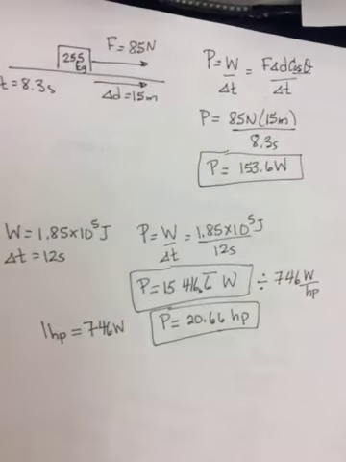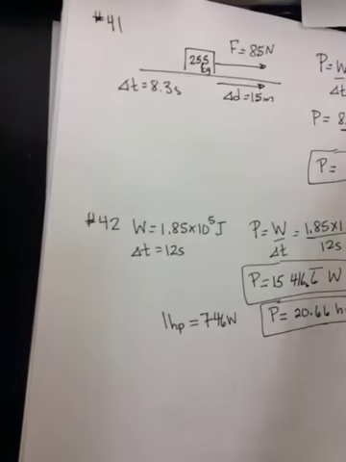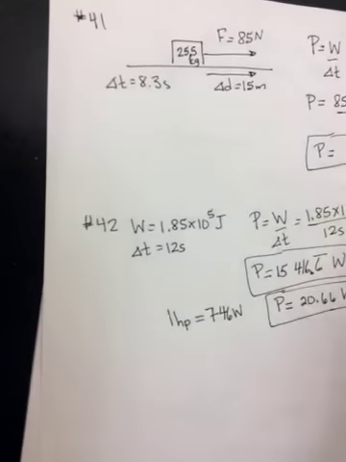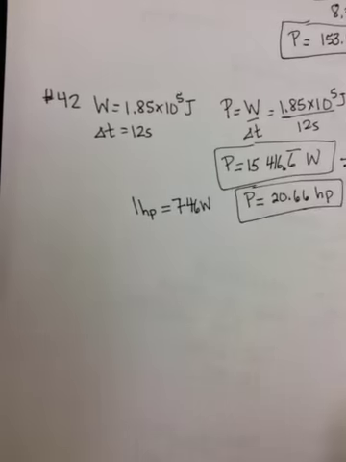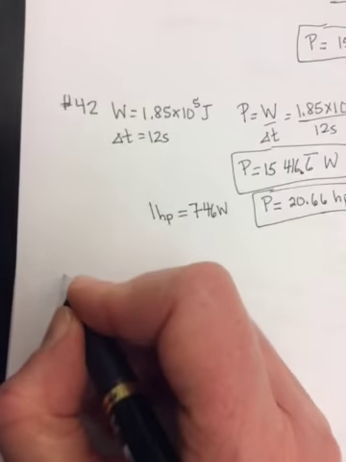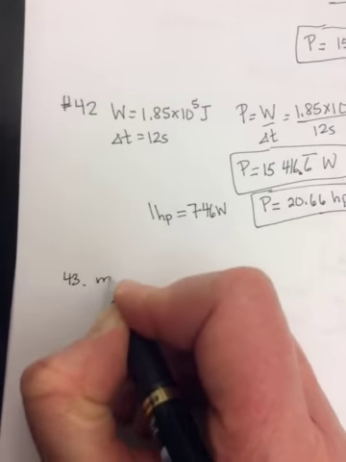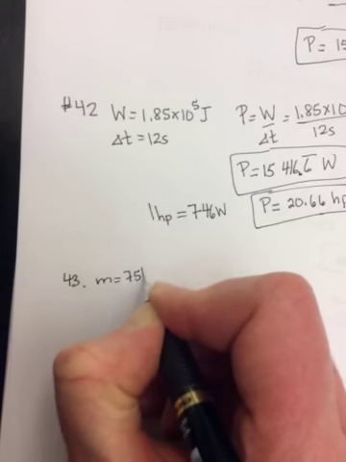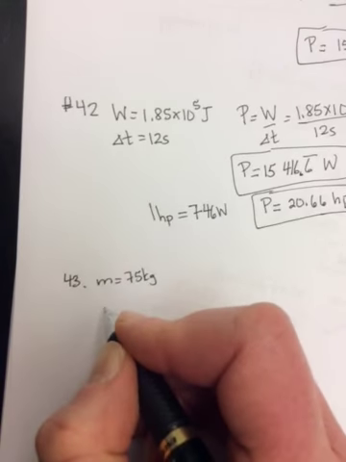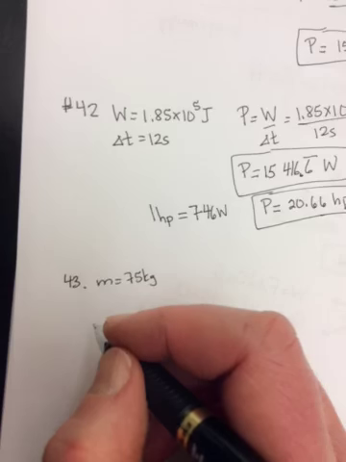Okay? Number 43 says a 75 kilogram student, so we have a mass of 75 kilograms, runs up 2 flights of stairs in order to reach her next class.